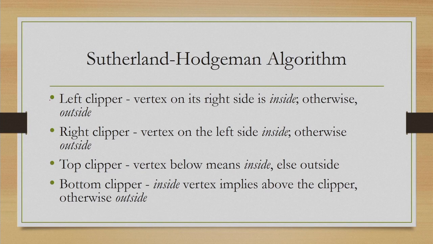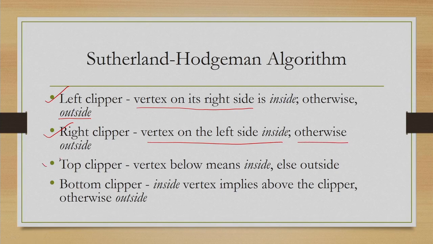For the left clipper, when we talk of inside, we mean that the vertex is on the right side of the clipper, and when we talk of outside, we mean that it is on the left side of the clipper. For the right clipper, it is just the opposite. When the vertex is on the left side, we call it inside, otherwise it is outside.